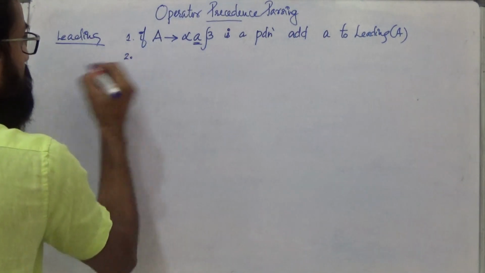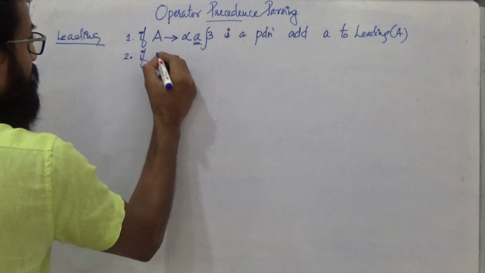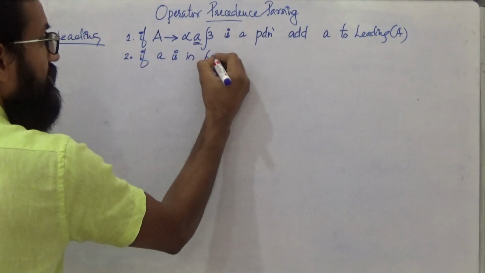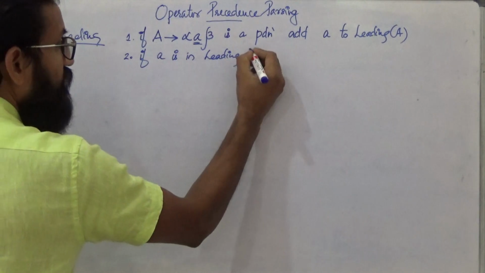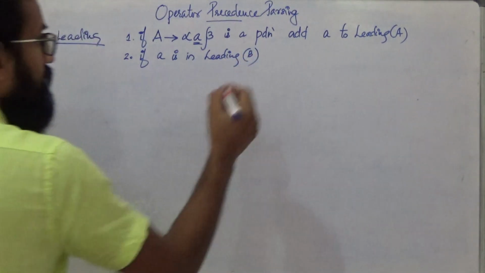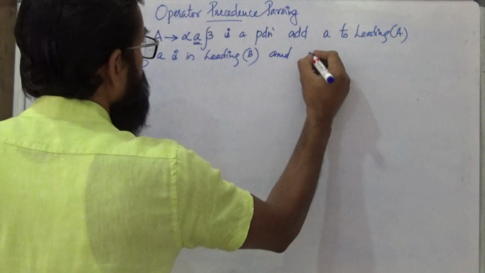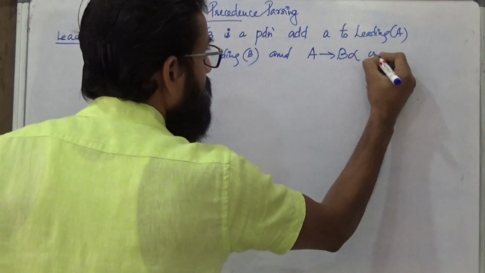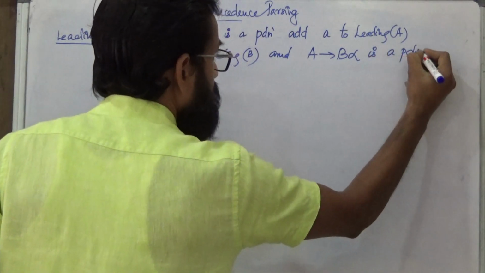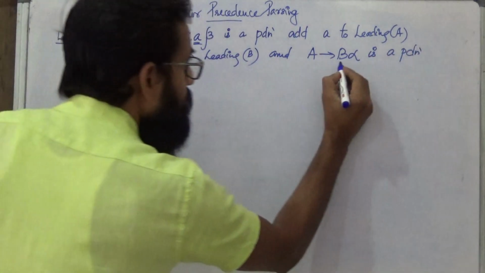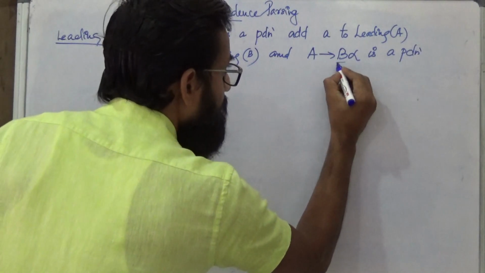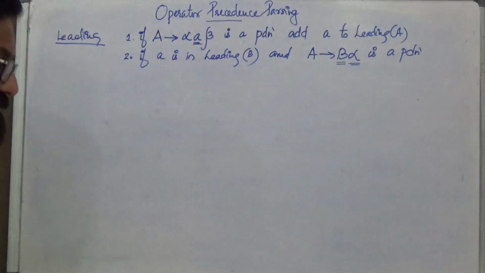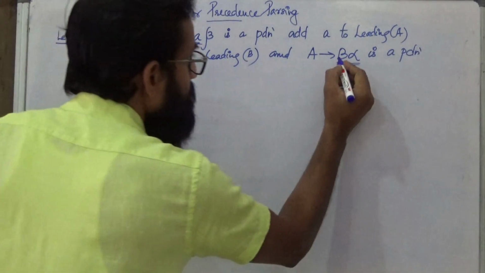Second rule is, if a is in leading of B and A giving B alpha is a production, then here alpha can be any string generated using the grammar symbols.